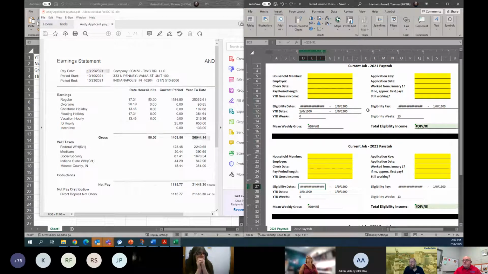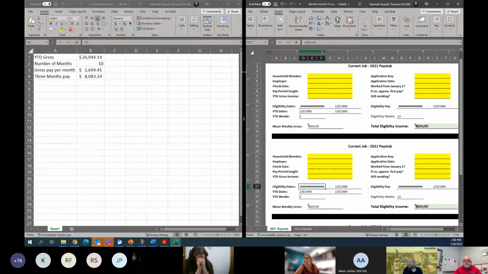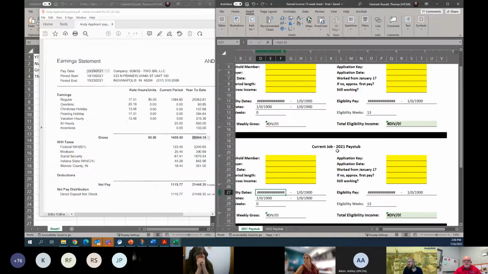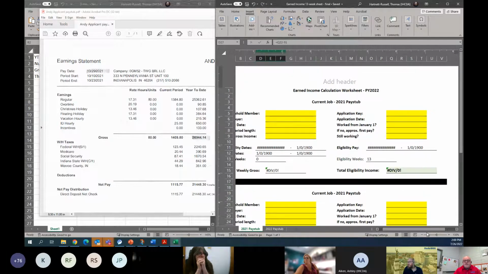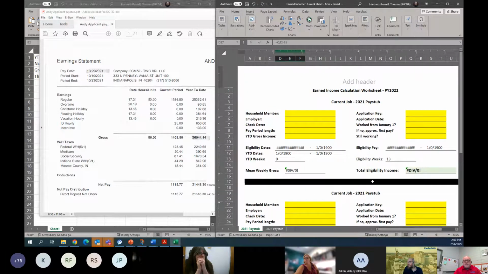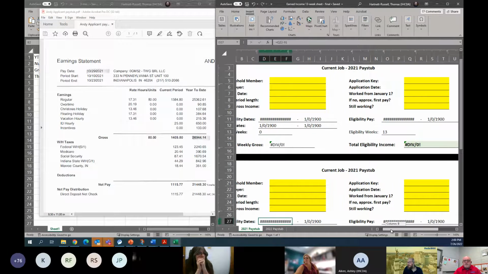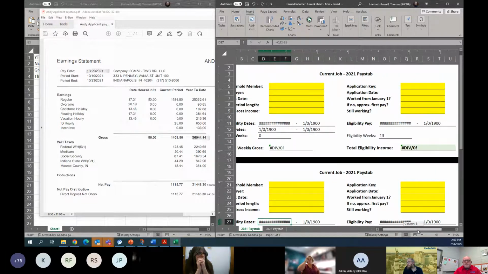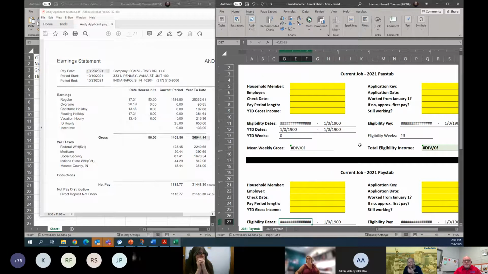This might look a little bit small, so I'm trying to make this as large as possible while still having all the necessary information on the screen. It's probably as good as I'm going to get with it.